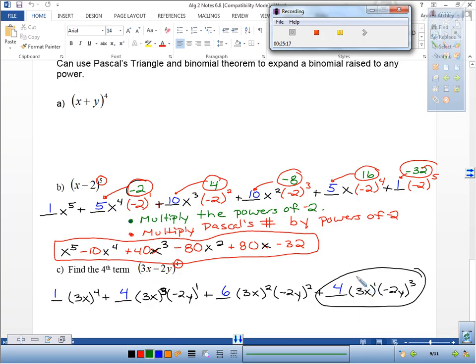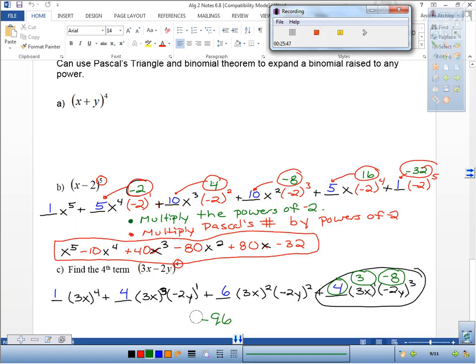So the 3 is the 3, because it's just to the 1st power. The negative 2 cubed is negative 8. So we're doing just what we did here. Multiply the powers of each of my numbers out. Then I need to multiply the 8 times the 3 times the 4. 4 times 3 is 12, times negative 8 is negative 96.